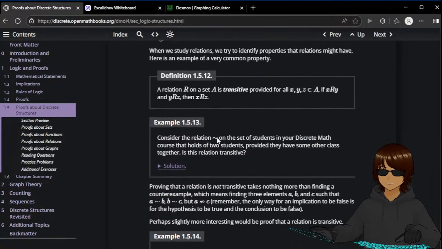Consider the relation on the set of students in your discrete math course that holds for two students provided they have some other class together. Okay, so the relation holds for two students. Is this relation transitive?